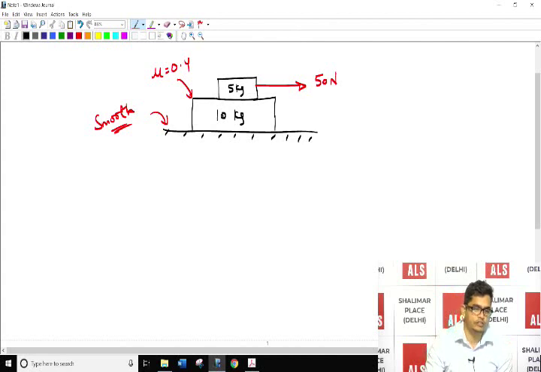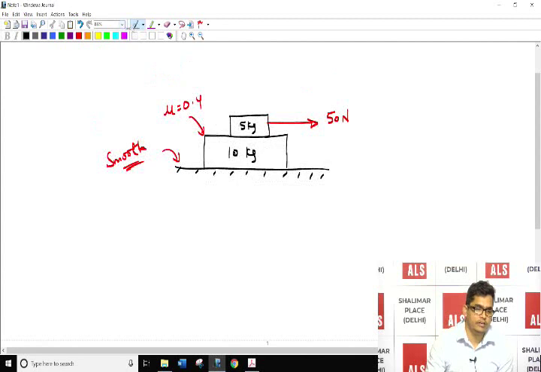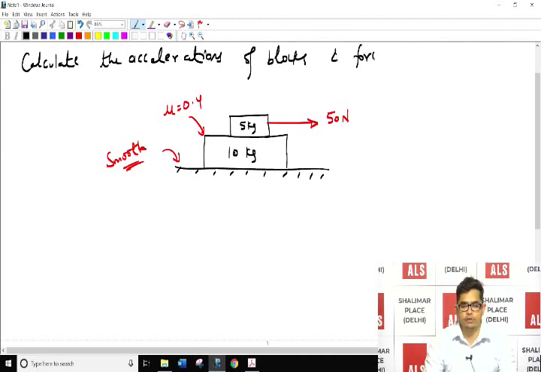In all the questions you would have to do the same thing. Calculate the accelerations of blocks and force of friction between them.